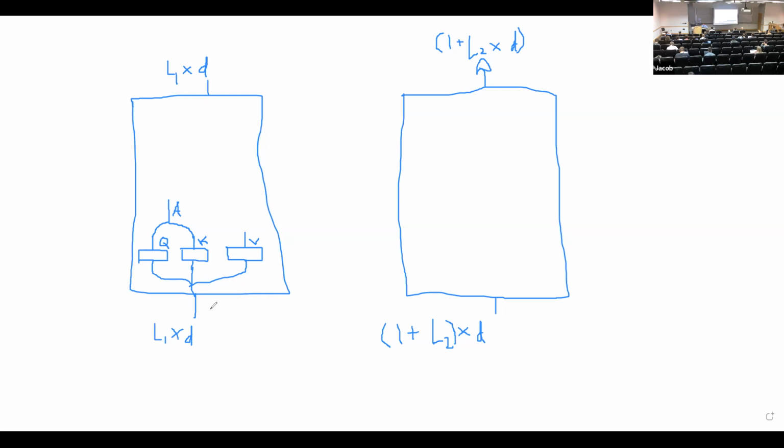So then, does anyone remember what the size of our attention matrix would be? L1 by L1, exactly. And that's because we're multiplying Q by K transpose.